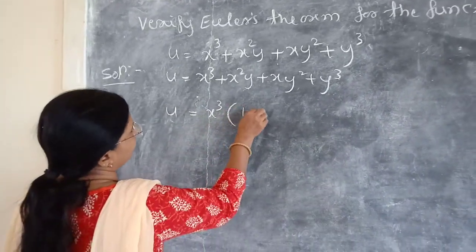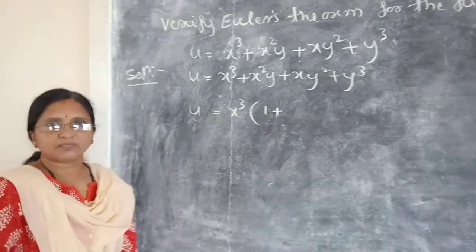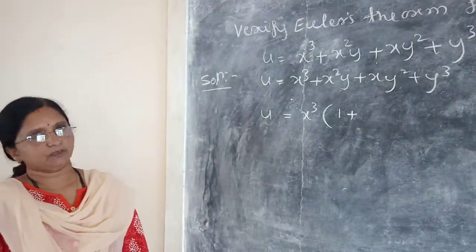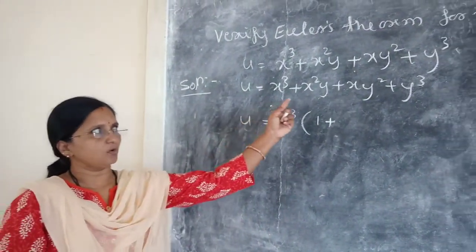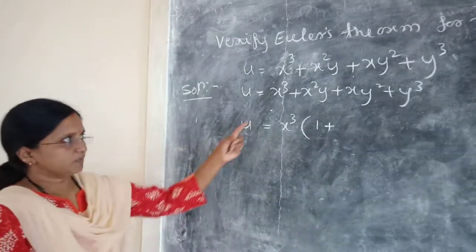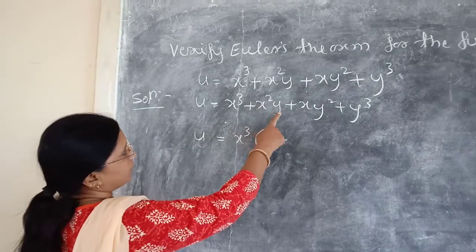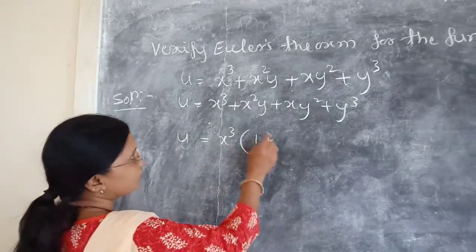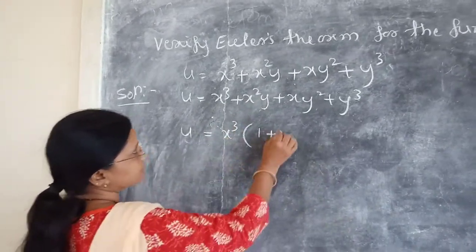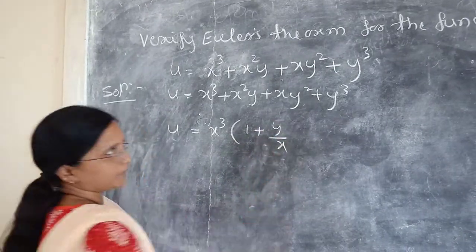Then it becomes 1 plus, taking common means you have to divide all the terms by this common term, x cube. So x cube by x cube is 1. Then if you divide x square y by x cube, x square gets cancelled, you get y by x.